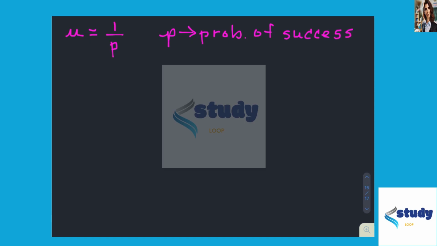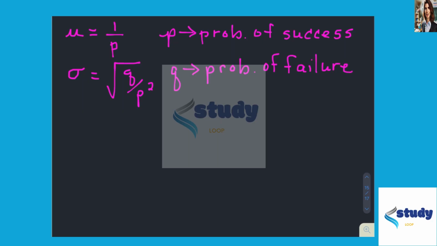And to find the standard deviation of the geometric distribution, we use the formula sigma equals the square root of q divided by p squared, and q represents the probability of failure. And the relationship between P and Q, P plus Q, will always equal 1.